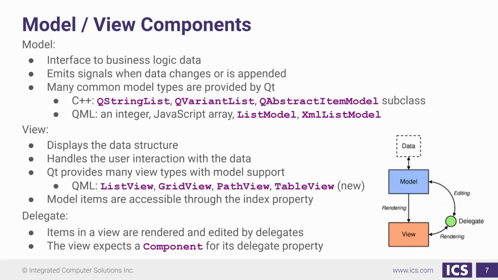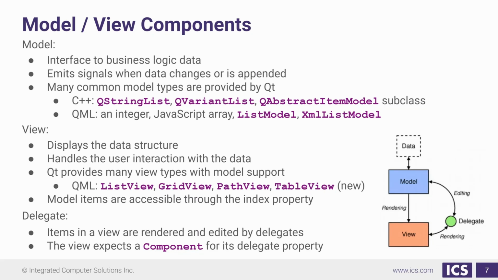Now, again, normally our model is going to be provided by a backend. And for that, Qt provides a QAbstractItemModel class, which you will normally be subclassing if you have some kind of complex data. But for today, we're going to focus on the QML ones again.